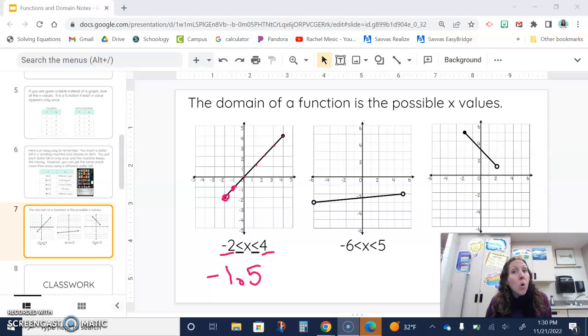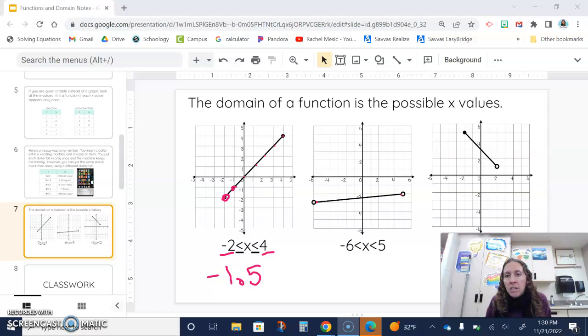However, since these are open circles, it cannot be equal to those numbers. So I did not put that underline here because it cannot be equal to those numbers. So that means we could have maybe a point here at -5.99 or over here at 4.99, but we can't have a point at exactly 5.